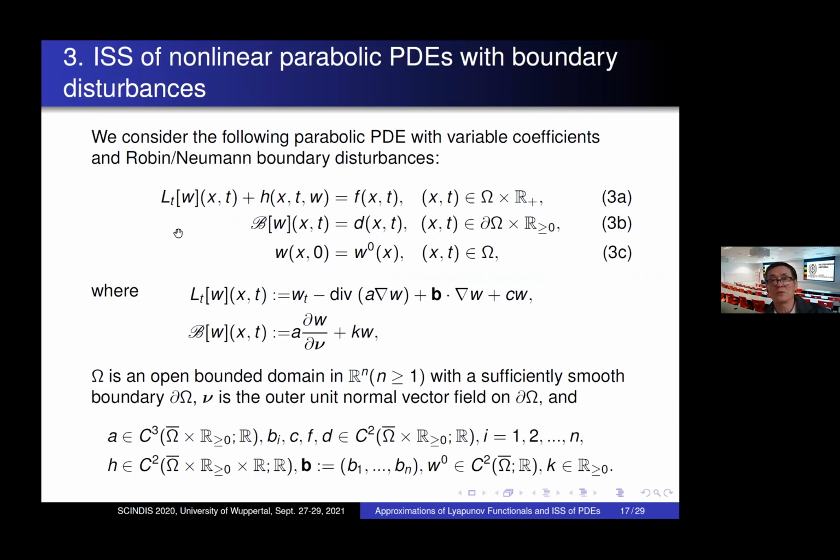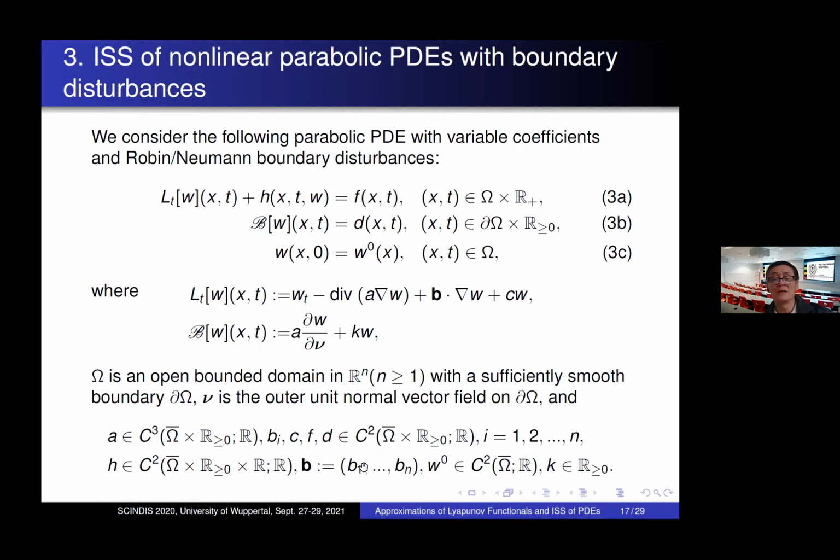Okay, this is the parabolic equation we consider, and this is a quite general setting with convection varying in the domain with some nonlinearity, and we consider first the problem with the Robin and the Neumann boundary conditions.